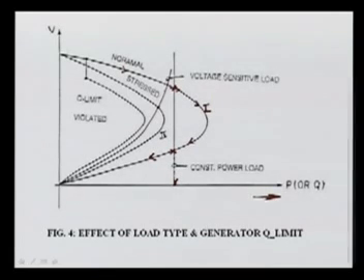It shows that we can have two voltage solutions, one very close to your operating point and the other in the unstable zone. So this voltage is basically the actual operating point, where the voltage of the system will be.